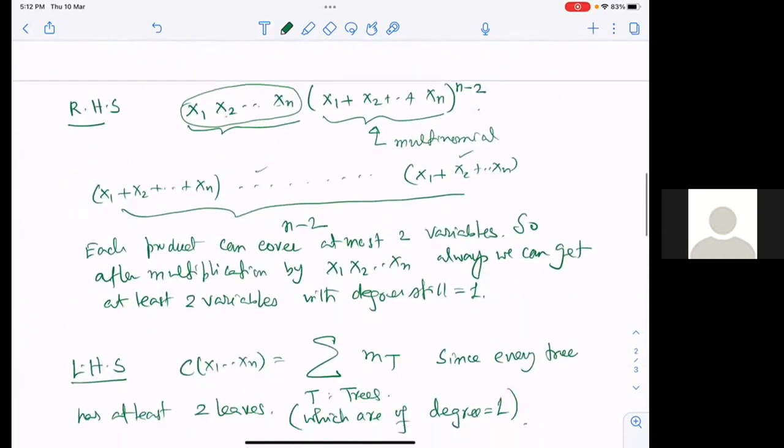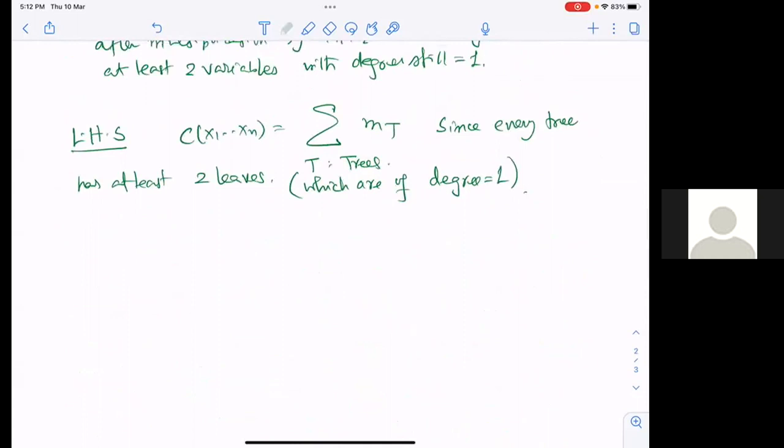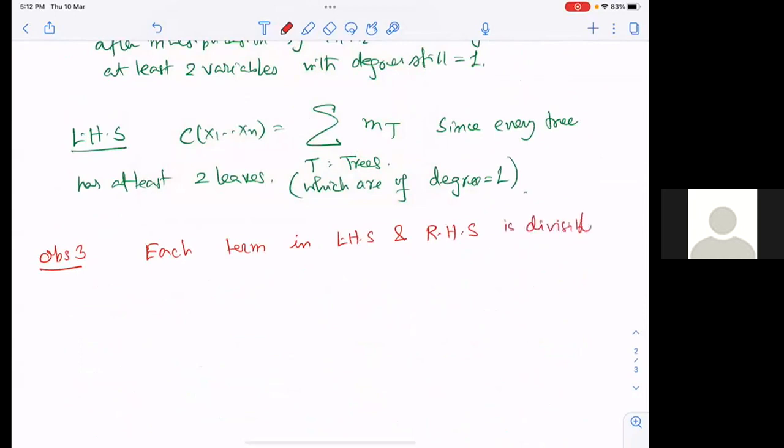And clearly, let's make property 3, which is really trivial. Property 3: each term in LHS and RHS is divisible by x1 to xn.